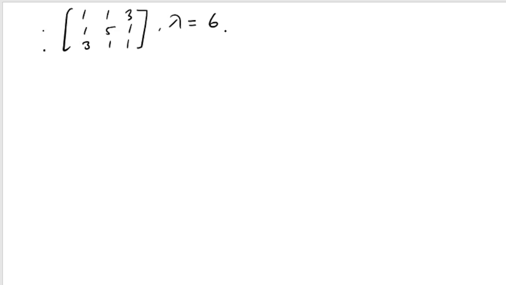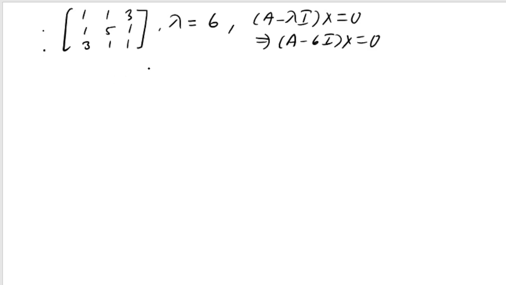Next I am going to calculate the eigenvector corresponding to lambda is equal to 6. So here I have to write (A minus lambda I) x is equal to 0. So basically this is (A minus 6I) x is equal to 0. So we have to subtract 6 from the main diagonal.